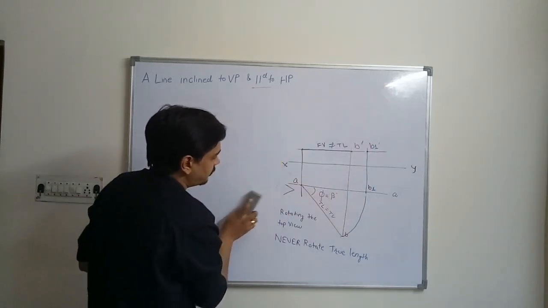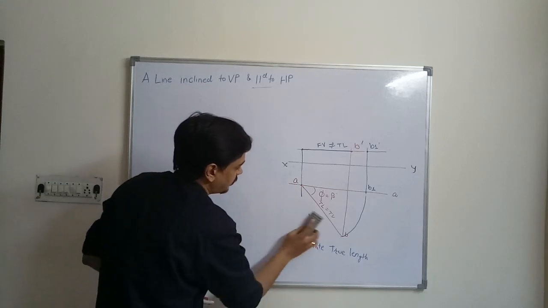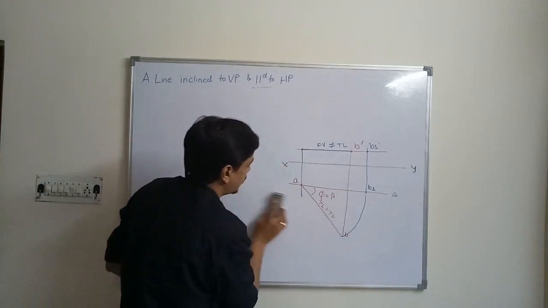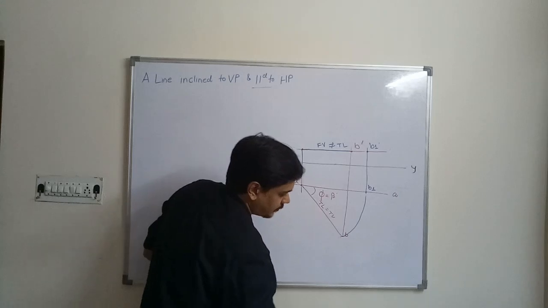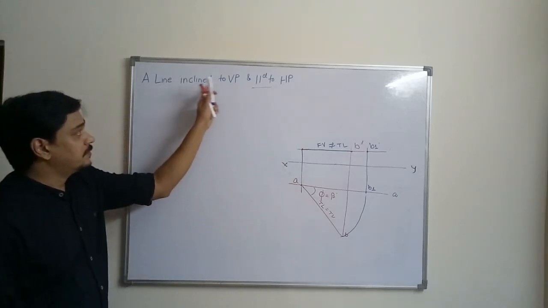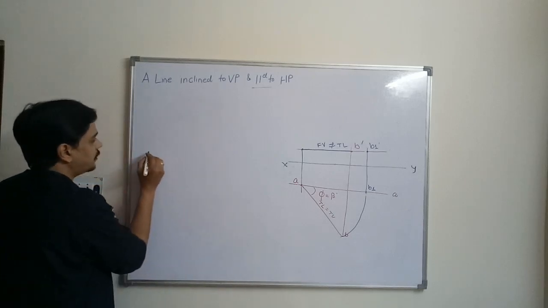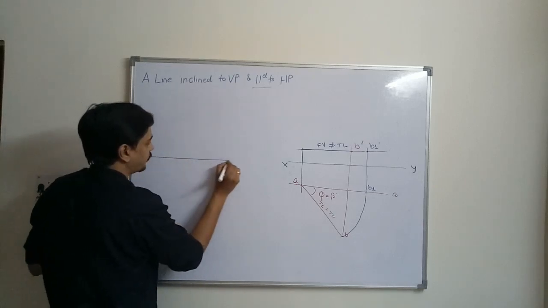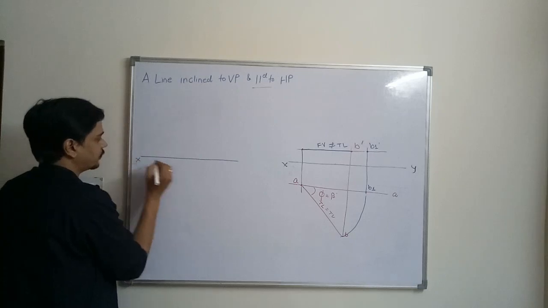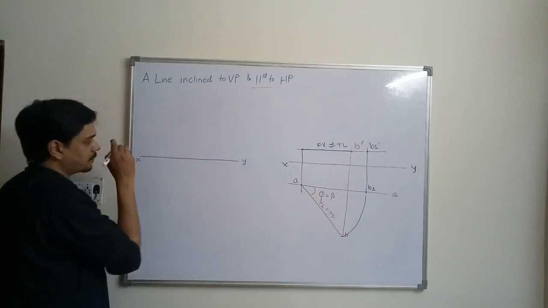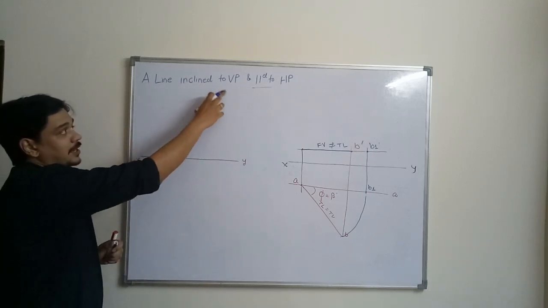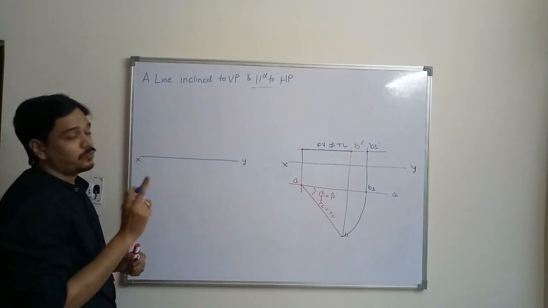So now we have drawn this. This is the case. Earlier we have drawn the line inclined to HP and parallel to VP.